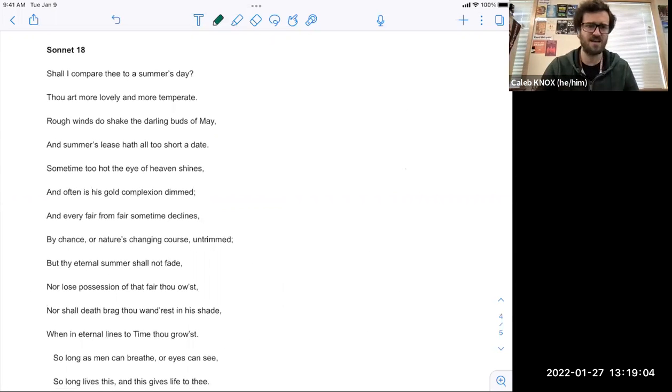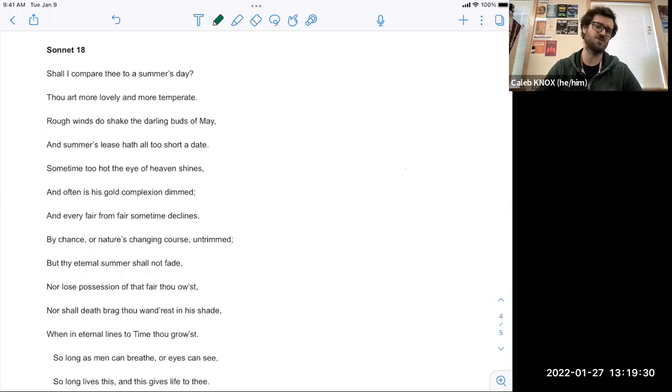So Sonnet 18 says, "Shall I compare thee to a summer's day? Thou art more lovely and more temperate. Rough winds do shake the darling buds of May, and summer's lease hath all too short a date. Sometime too hot the eye of heaven shines, and often is his gold complexion dimmed. And every fair from fair sometime declines, by chance or nature's changing course untrimmed.